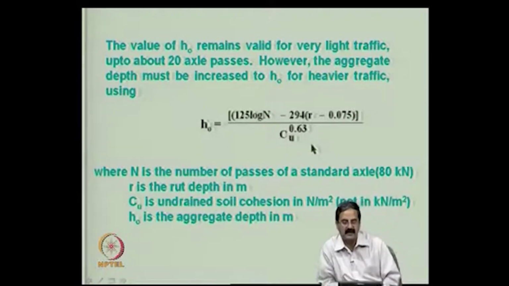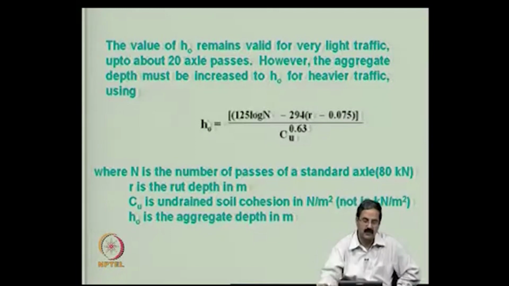People have done a lot of experiments and came out with this expression, which is in terms of the number of load repetitions N, minus 294 in one R, where R is the rut depth, in excess of 75 mm. Whatever the units, you have to put in the appropriate units here.